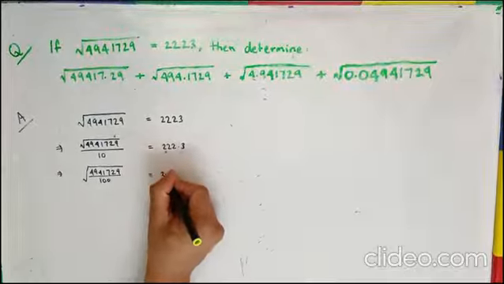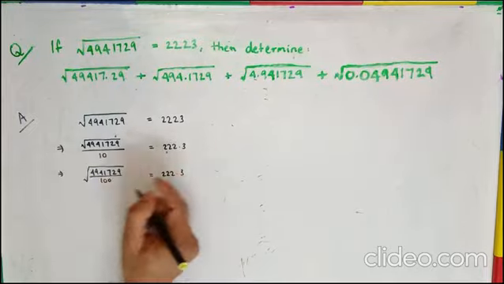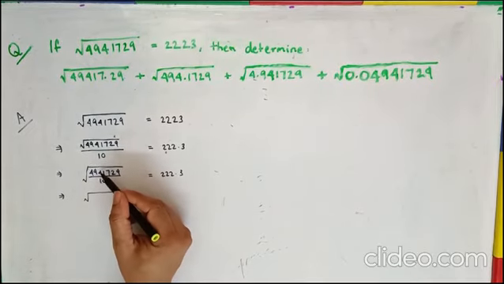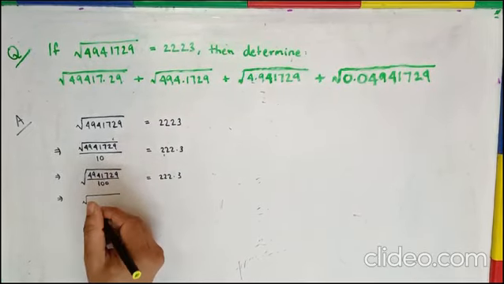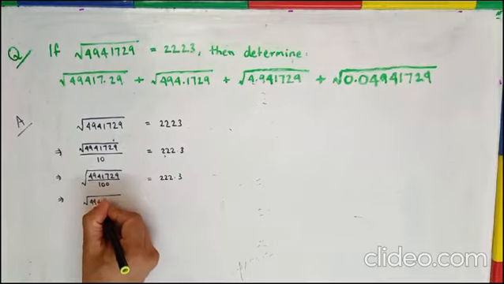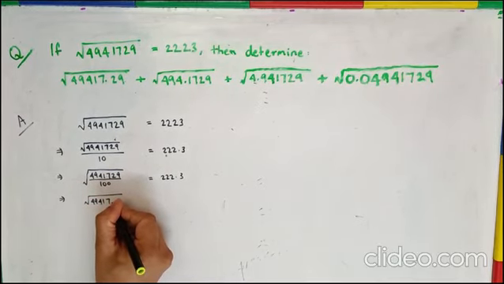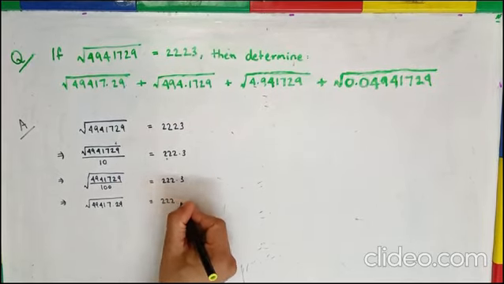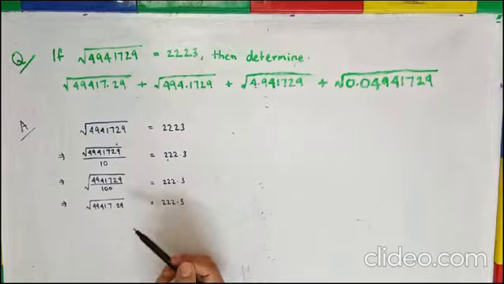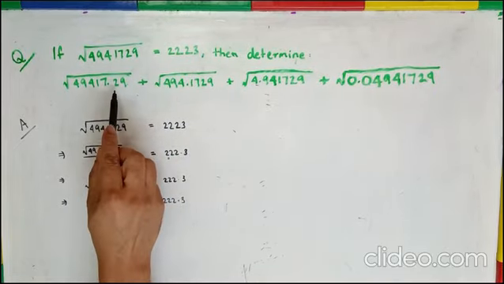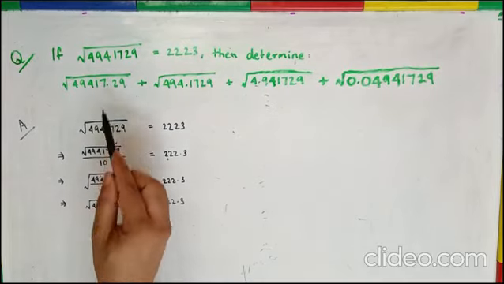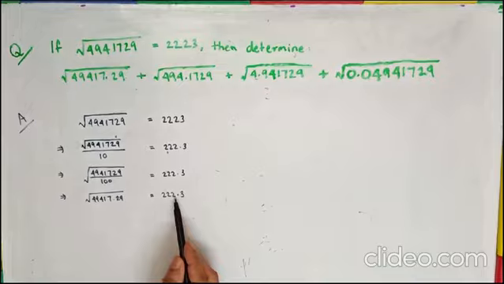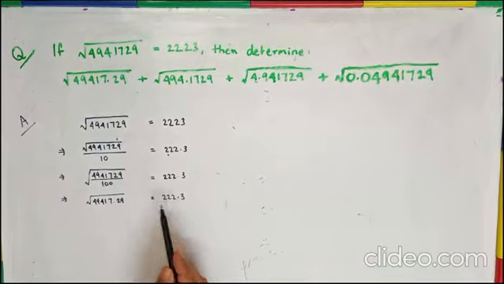So this is equal to 222.3, which means the square root of, now if you divide this by 100, what do we get? We get the square root of 49417.29 is equal to 222.3. So we have determined the first part of this question. This is the same number as has been asked in the question. So this part is equal to 222.3, right?